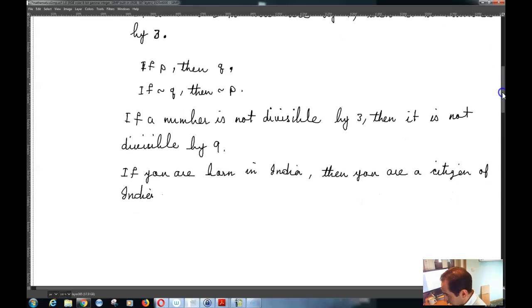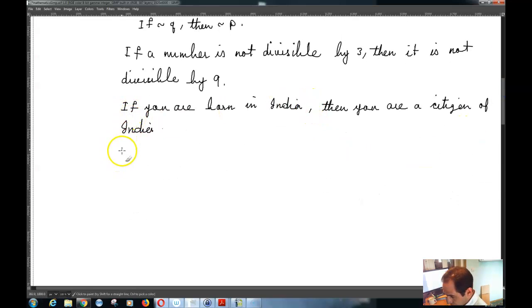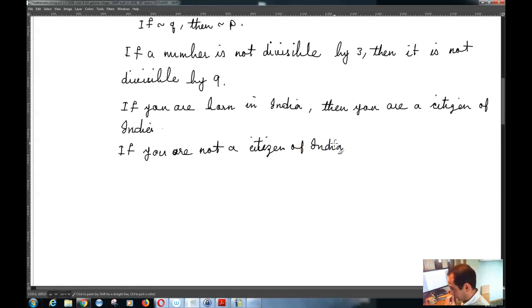So to write the contrapositive of this, you say: if you are not a citizen of India, then you were not born in India.